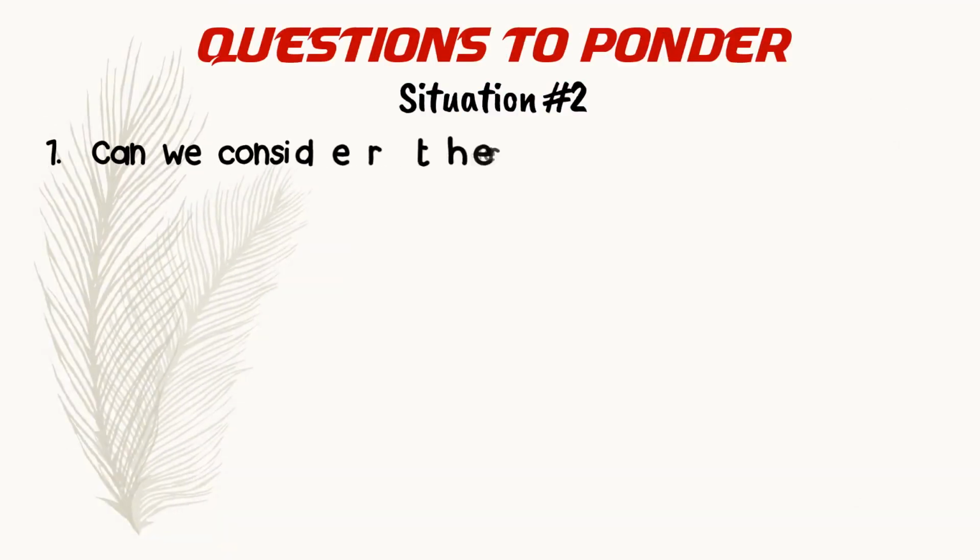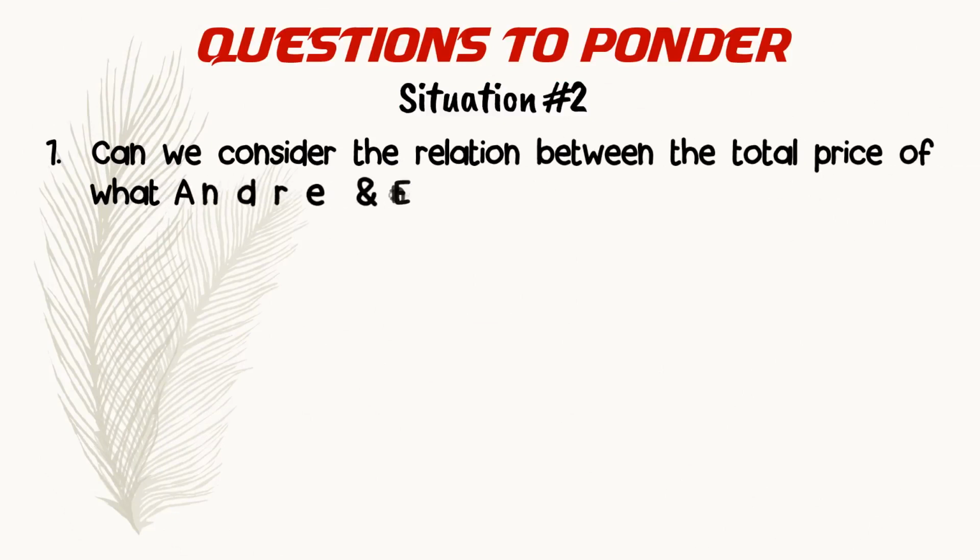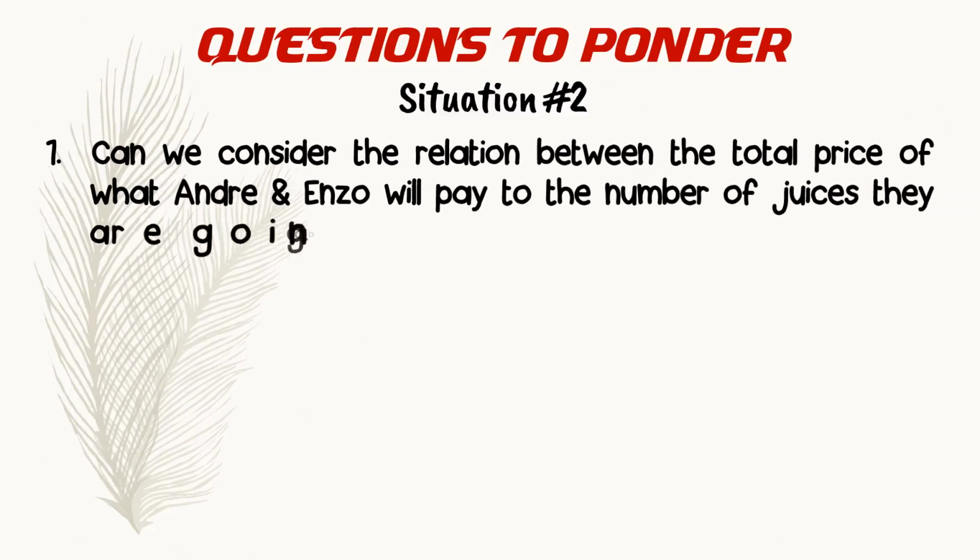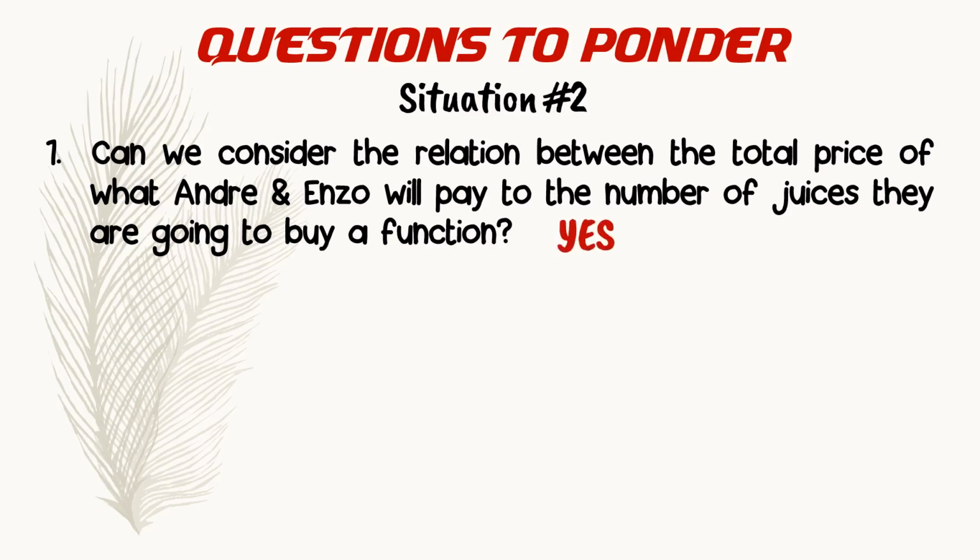Okay, so now here's the question to ponder for situation number 2. Can we consider the relation between the total price of what Andre and Enzo will pay to the number of juices that they are going to buy a function? So the answer here is yes. For whatever number of cups that you're going to buy, there is a corresponding amount that you're going to pay.